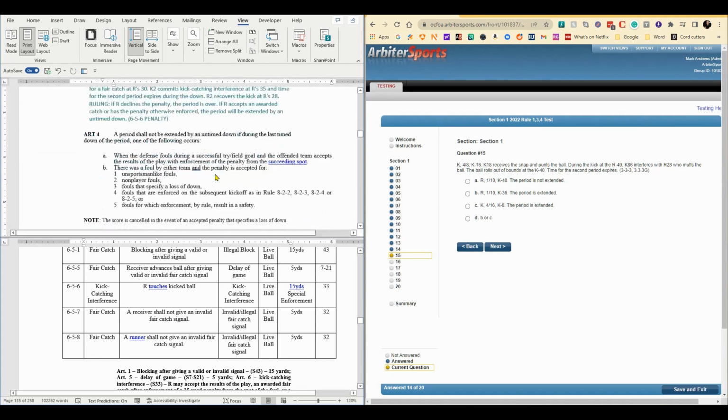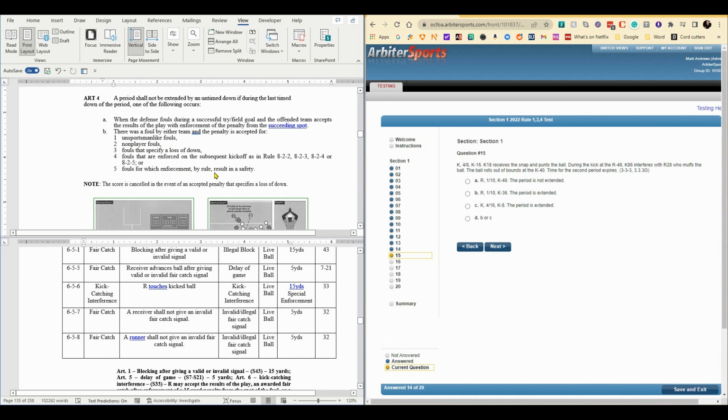It's our old friend where the safety, unsportsmanlike non-player fouls, fouls that specify a loss of down, fouls that are enforced on the subsequent kickoff. Those are all fouls that do not extend the down. So that's not so. Kick catching interference, which is what this is, is not one of those fouls. So we're definitely going to extend the period.